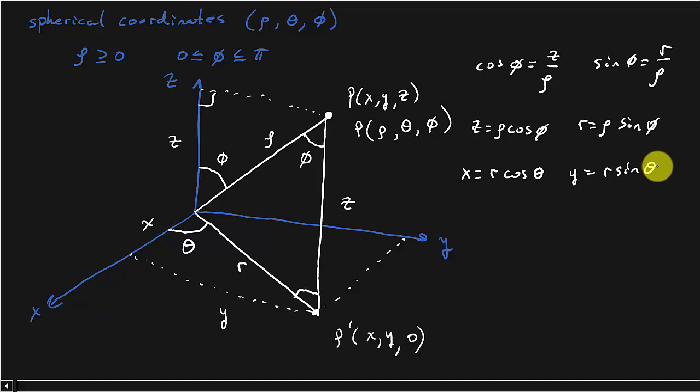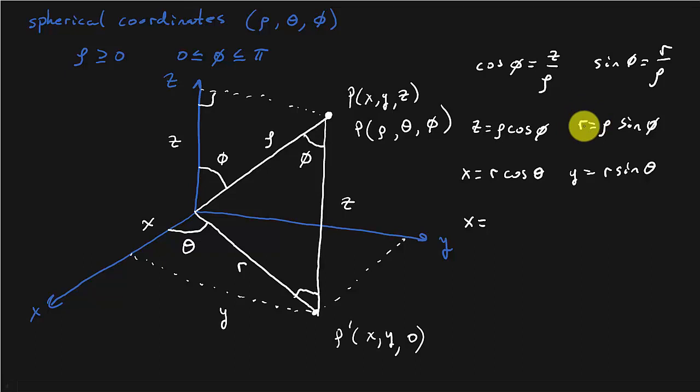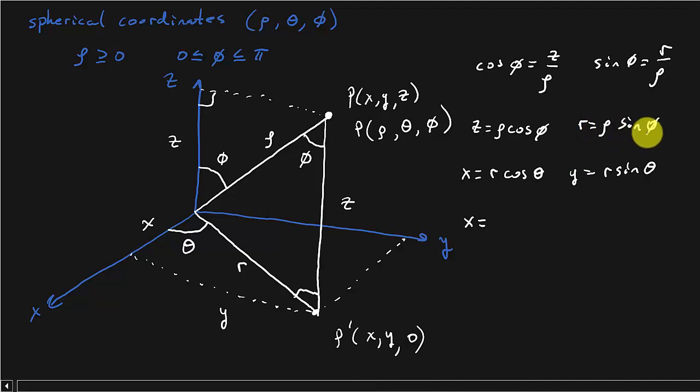So that tells us x is equal to r times cosine theta. What's r? Remember, everything needs to be in terms of rho, phi, and theta. So r is equal to rho times sine phi. I'm going to replace this r with rho times sine phi, and then times this cosine theta.